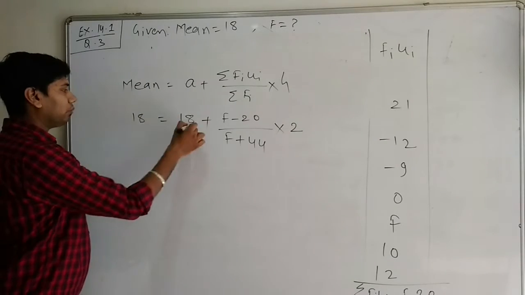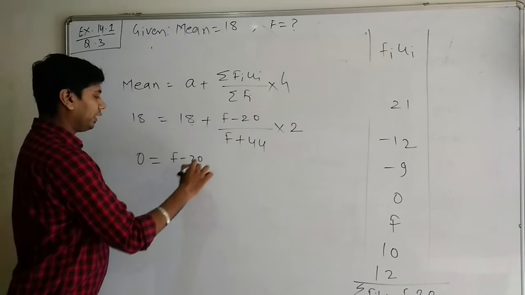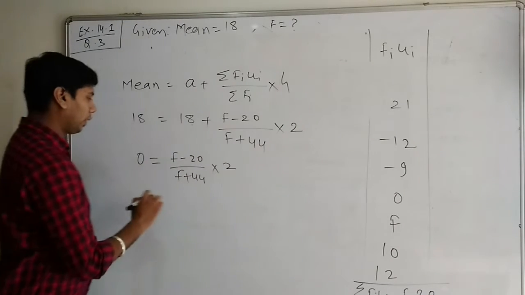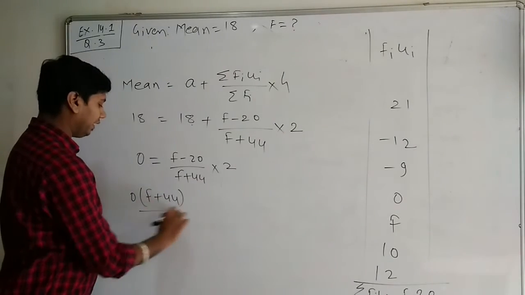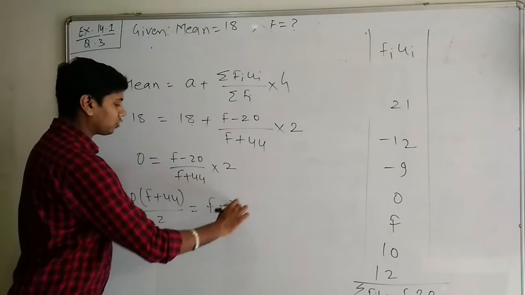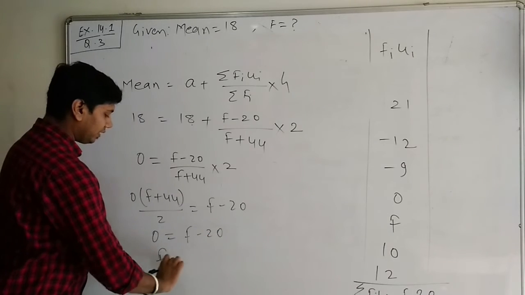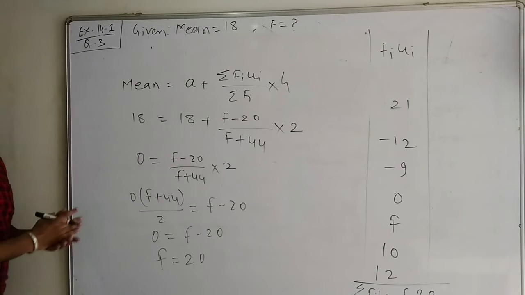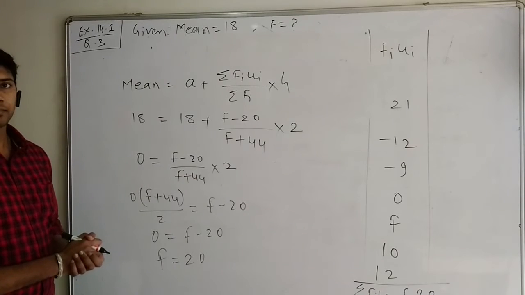Here 18 minus 18 is 0. So 0 is equal to f minus 20 upon f plus 44, multiplied by 2. 0 multiplied by f plus 44 divided by 2 is equal to f minus 20. So 0 is equal to f minus 20 and f is equal to 20. So the missing frequency for this question is f equal to 20.